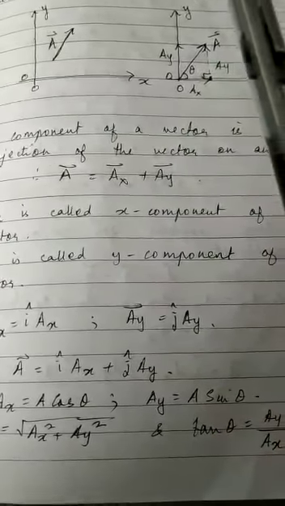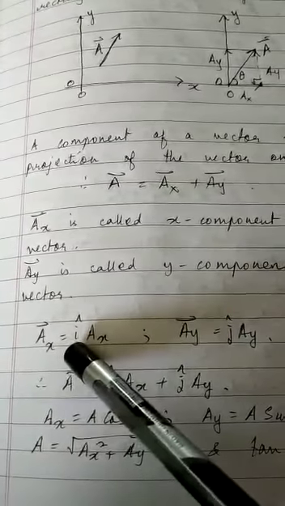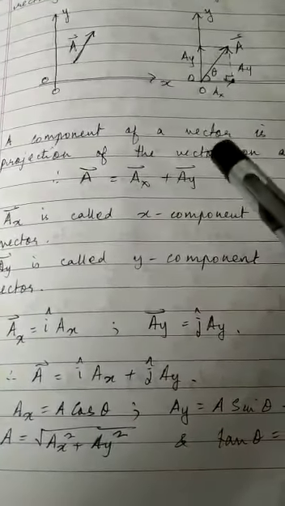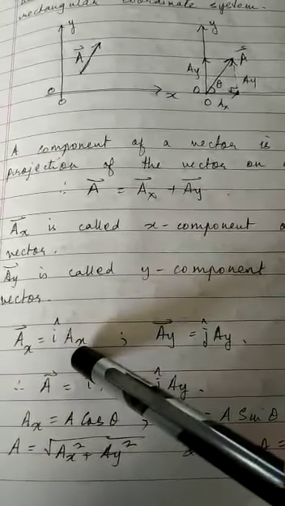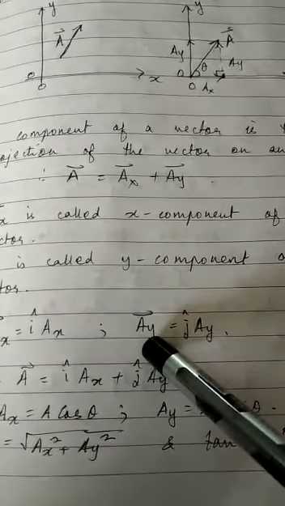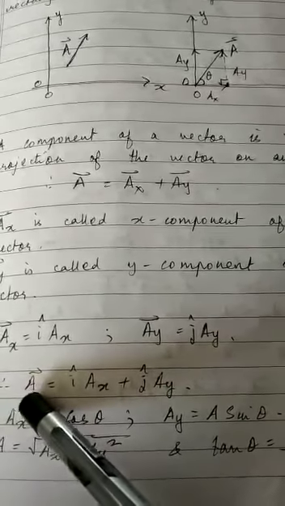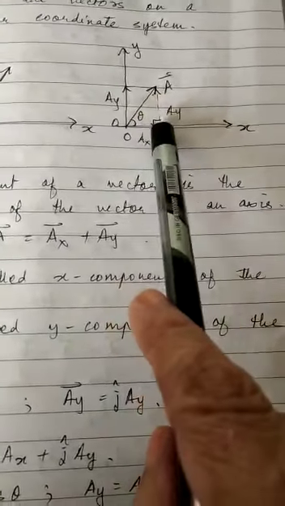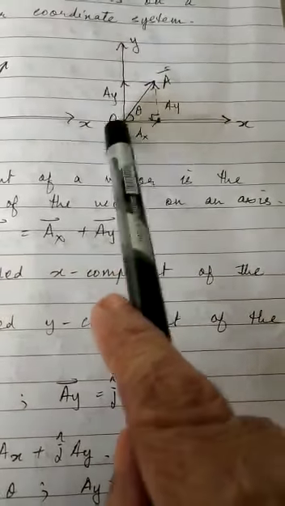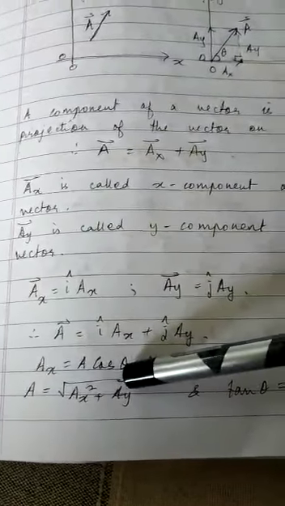Now we just learnt about unit vectors. So the vector AX can be written as I hat, the unit vector along the x-axis, times the length of AX. Similarly, vector AY can be written as J hat times the length of AY. So vector A can be written as I AX plus J AY. Now how do I find the length of AX? This is a right angle triangle. Cos theta is AX upon A, so AX is A cos theta.